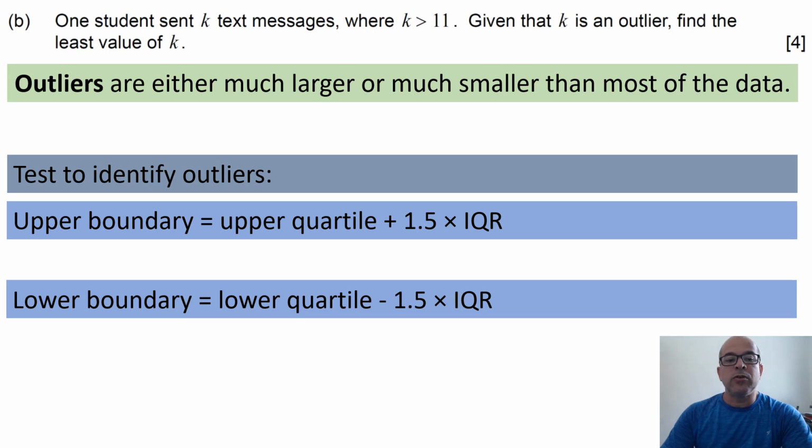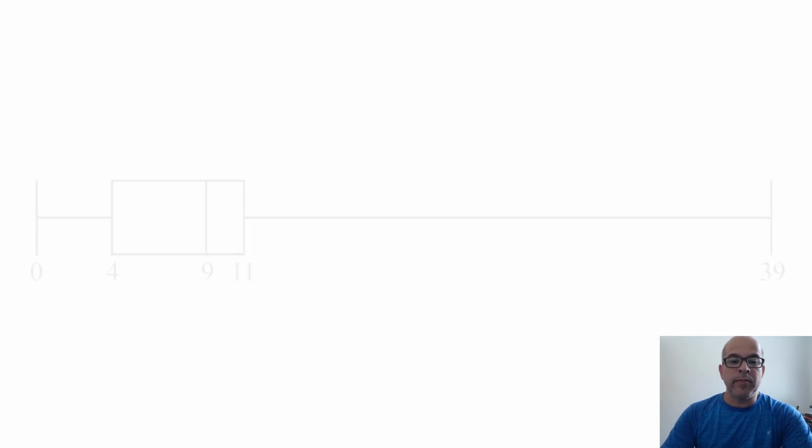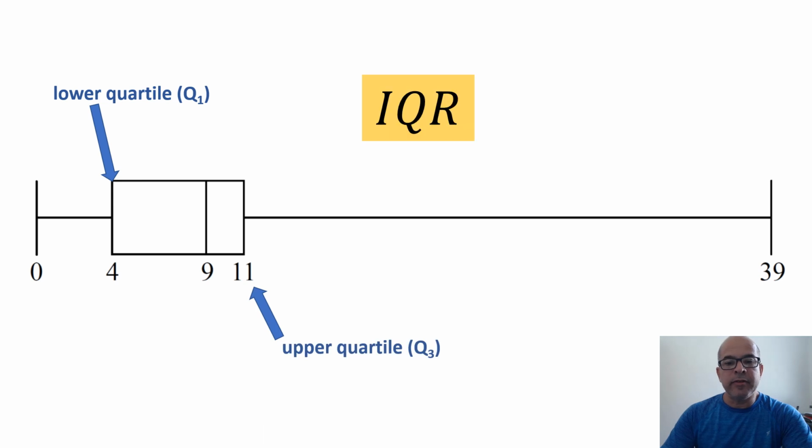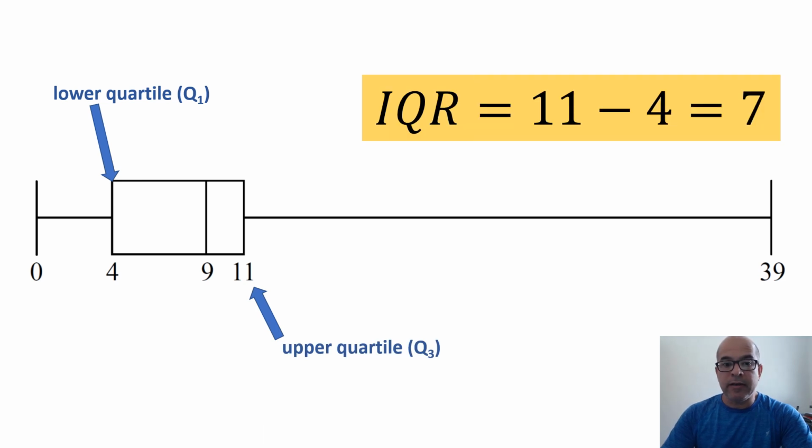So go back to our box and whisker plot. Just remember that the lower quartile Q1 is 4 and the upper quartile is 11, and that the interquartile range is 7.